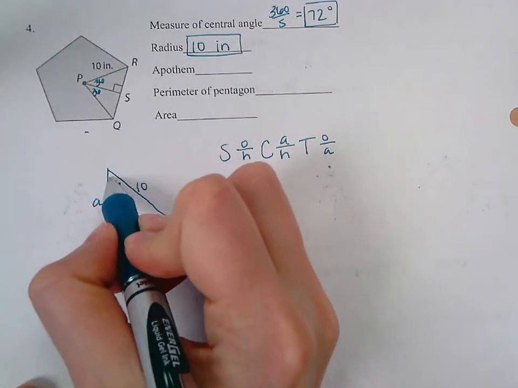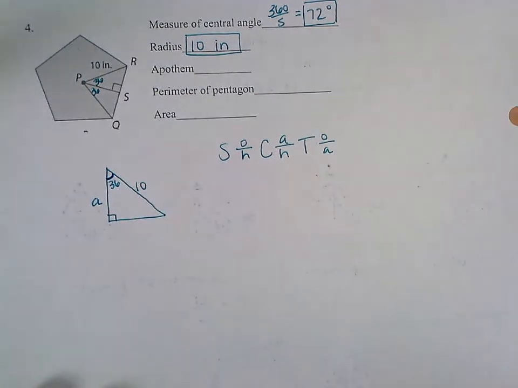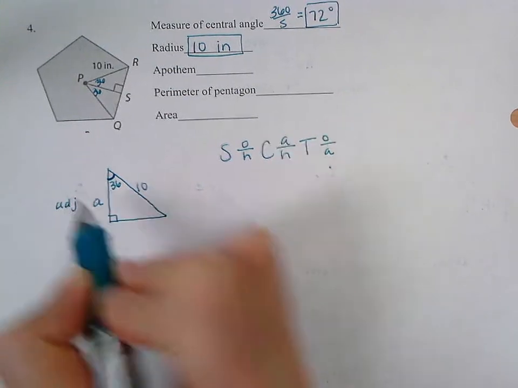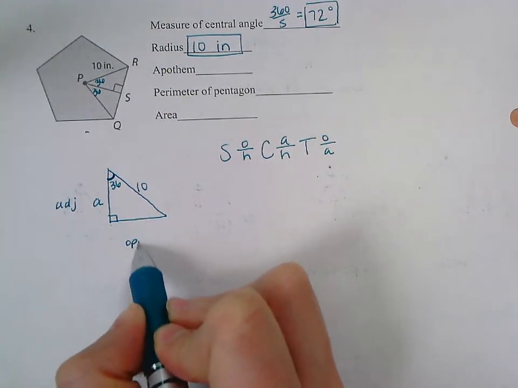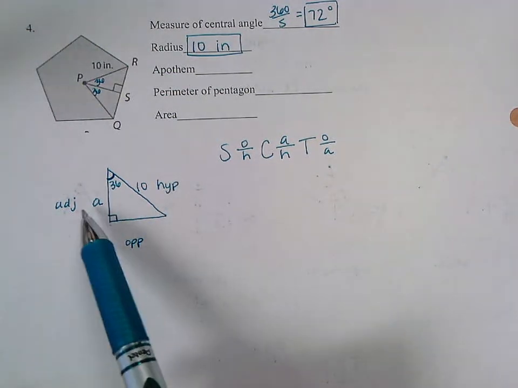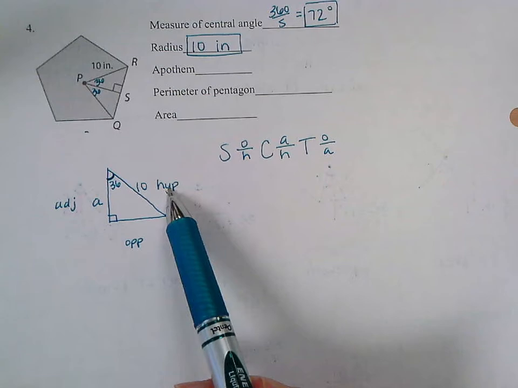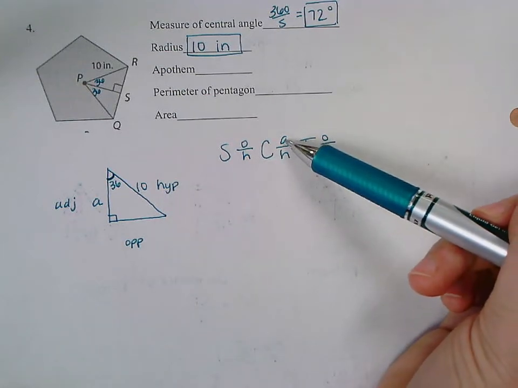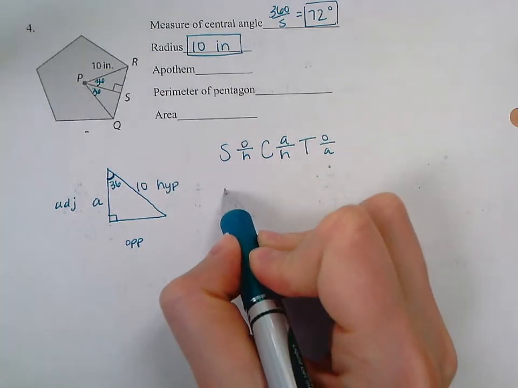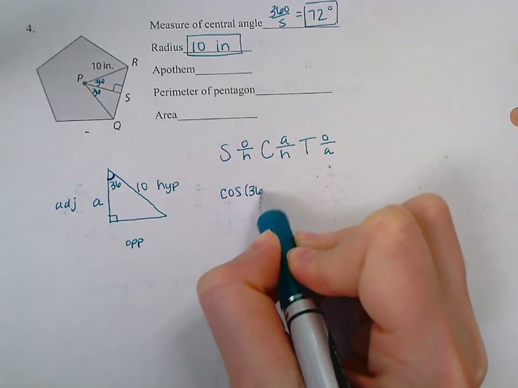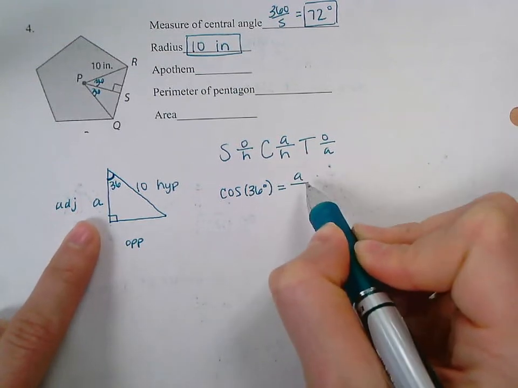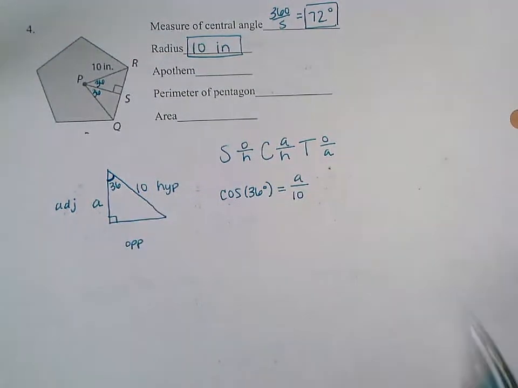So our angle right now is 36. The apothem would be the adjacent side, since this over here is the opposite side. The 10 is the hypotenuse. So since I am looking for the adjacent and I have the hypotenuse, my ratio is going to be adjacent over hypotenuse, so I'm going to use cosine. So my equation would be cosine of 36 degrees is equal to my adjacent, which is A, divided by my hypotenuse, which is 10.